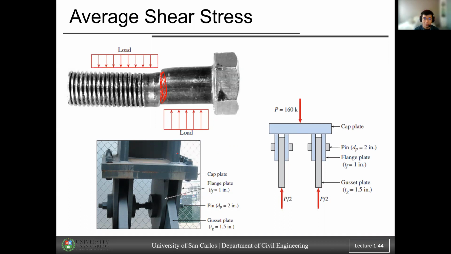Okay, so for example, this type of structure experiences this type of force, let's say 160 kilonewtons or kips. Since you have two different members, this will be experienced by the two connections. That's why we have P over 2.